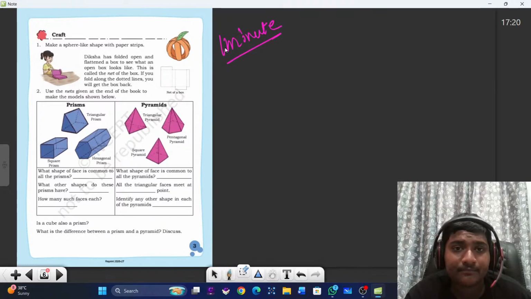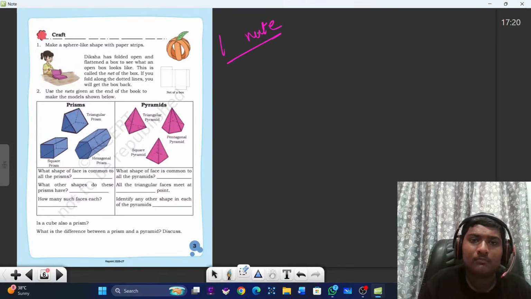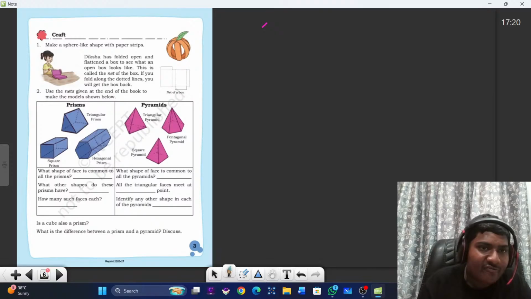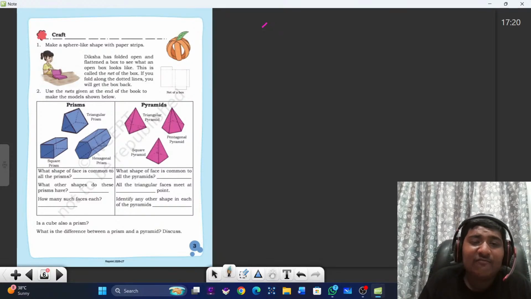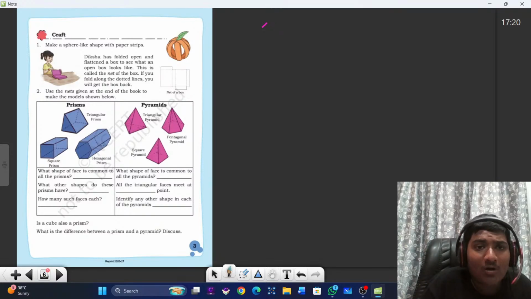Yes, give me a minute. Yes, children. I'm going to start the craft work now. Make a sphere-like shape with paper strips. Diksha has folded open and flattened a box to see what an open box looks like.